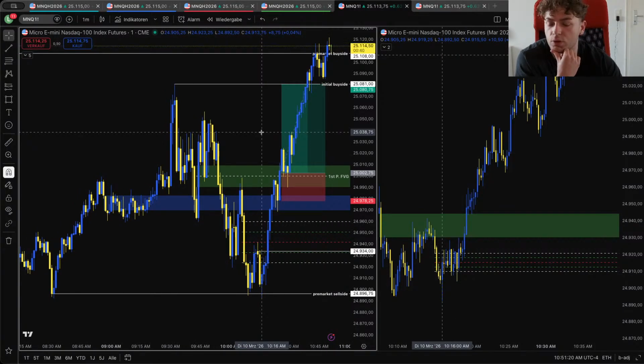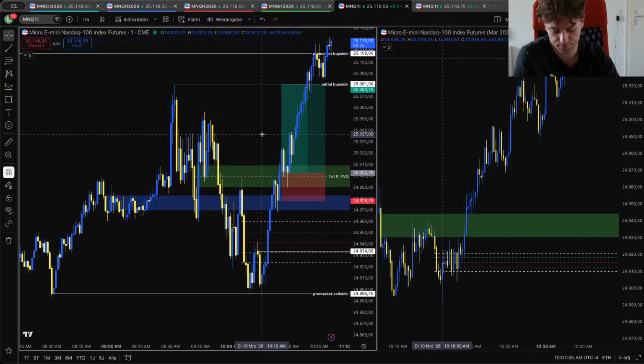That also is in alignment with our narrative, and it's not violating any PD arrays or ideas that would negate our buy side target.